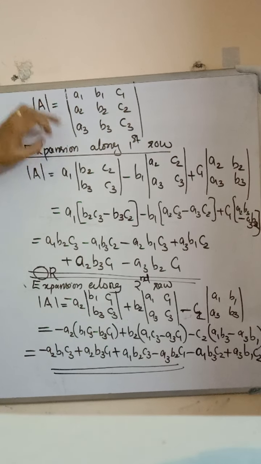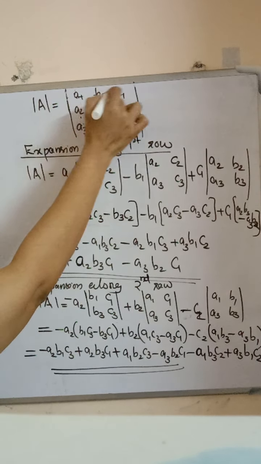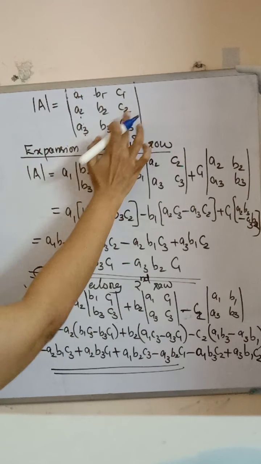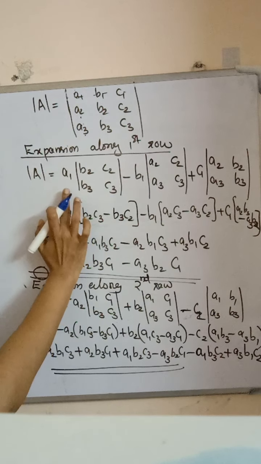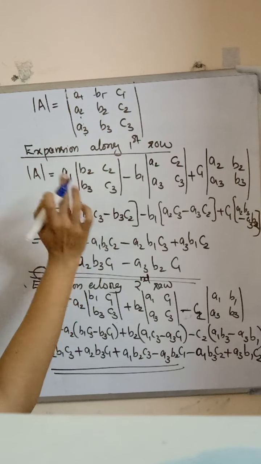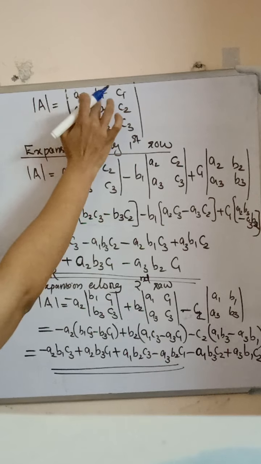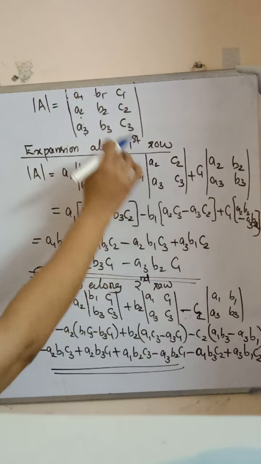We get the determinant b2, c2, b3, c3. Here it is a1 into b2, c2, b3, c3.